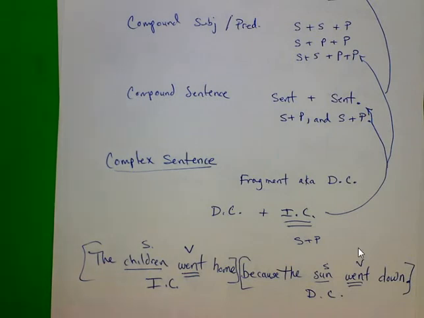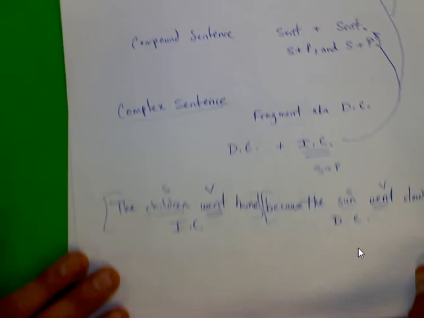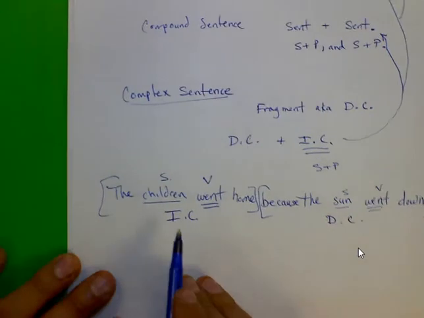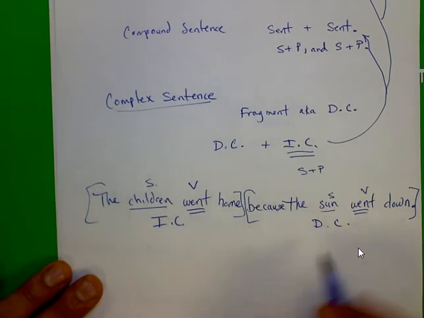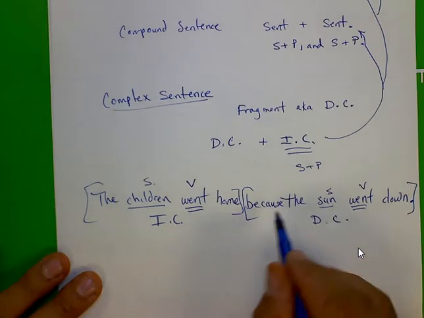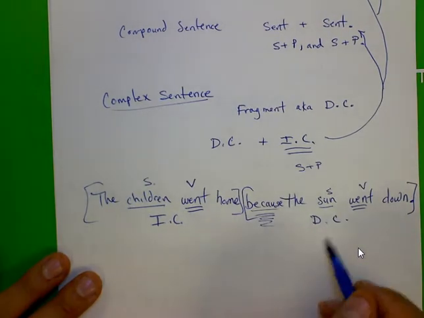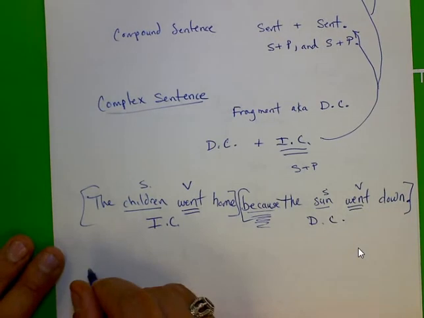Let's do one more just because I did that backwards. So that we're not confusing ourselves, let's start with the dependent clause, and since this one ended the sentence, let's put it in the front of the sentence. Because is one of those conjunctions that starts a dependent clause. Another one is since.